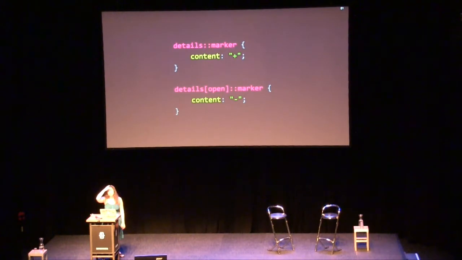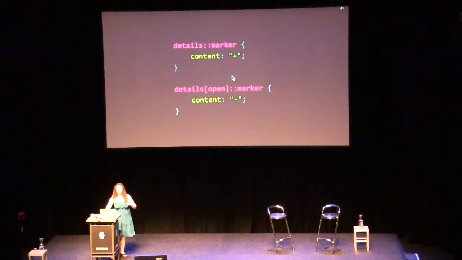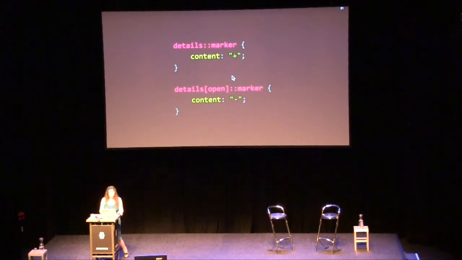Also, you might be thinking, this is all nice, and I can probably style details and summary like normal CSS elements, but how do I style this marker, this arrow that becomes an arrow pointing down when I open it? So you can't right now. Well, you can in some browsers with some proprietary pseudo elements, as with form controls and many other things.